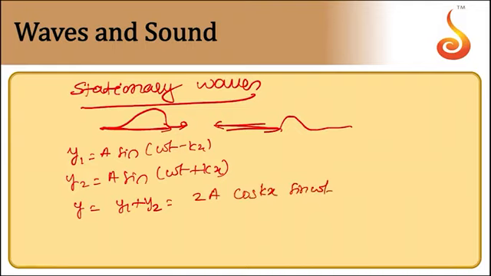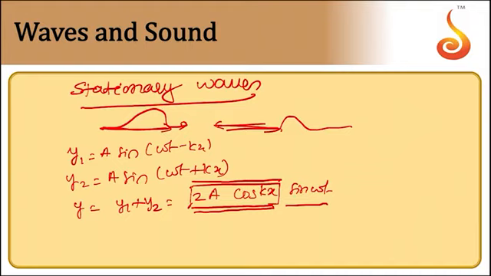So if you look at it, this has two parts. One part is the varying amplitude part, the other is the time part. That means different parts of the medium have different amplitudes at a given instant of time. That means the amplitude of a given point is perhaps different from the amplitude of the other point.